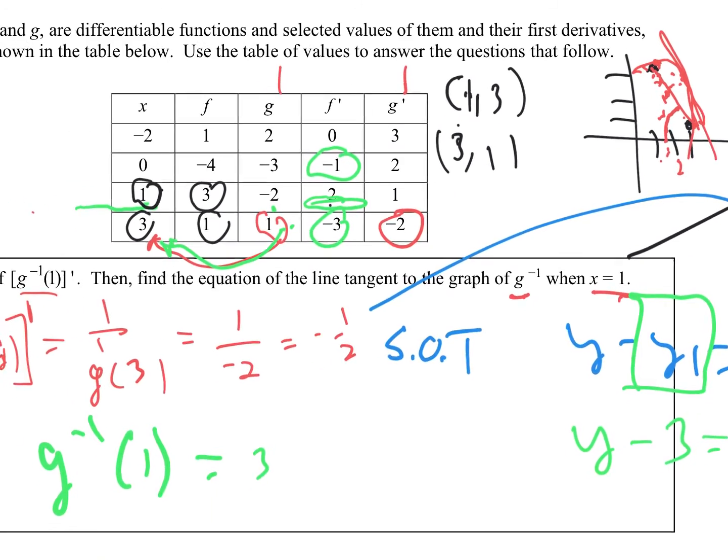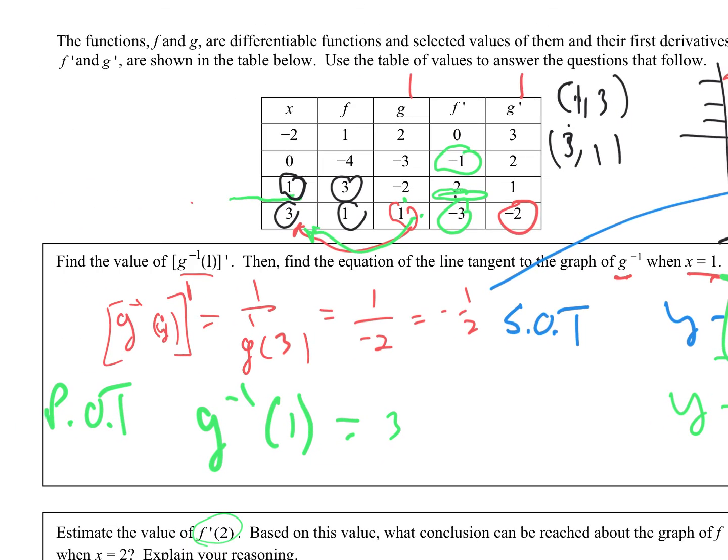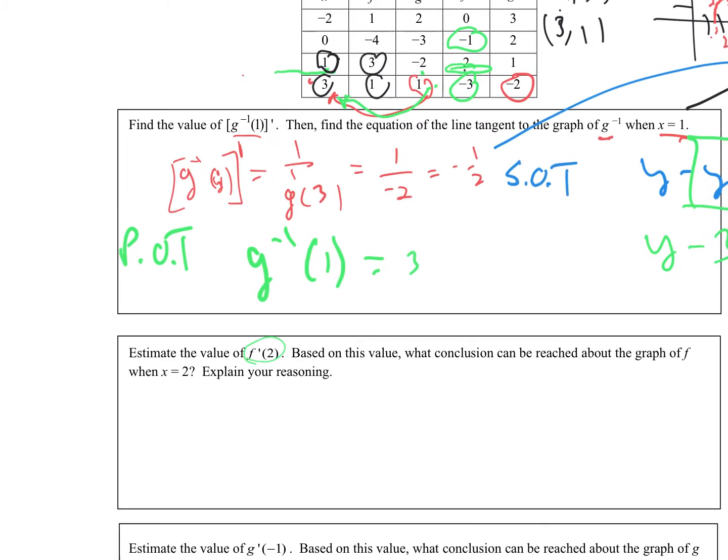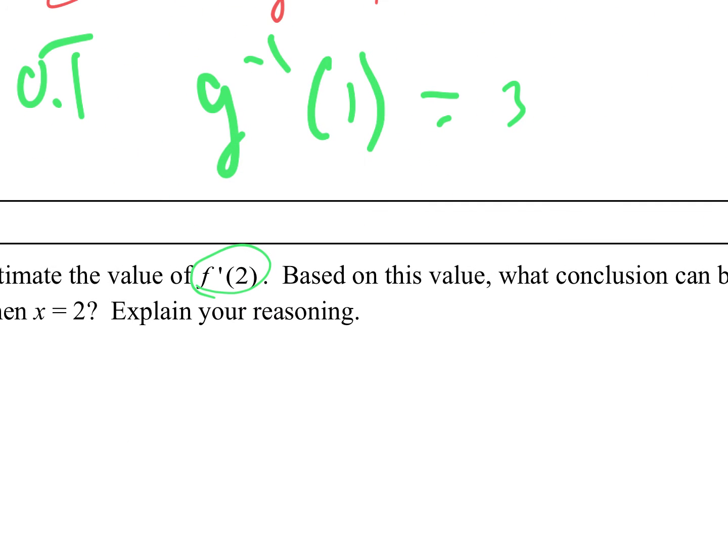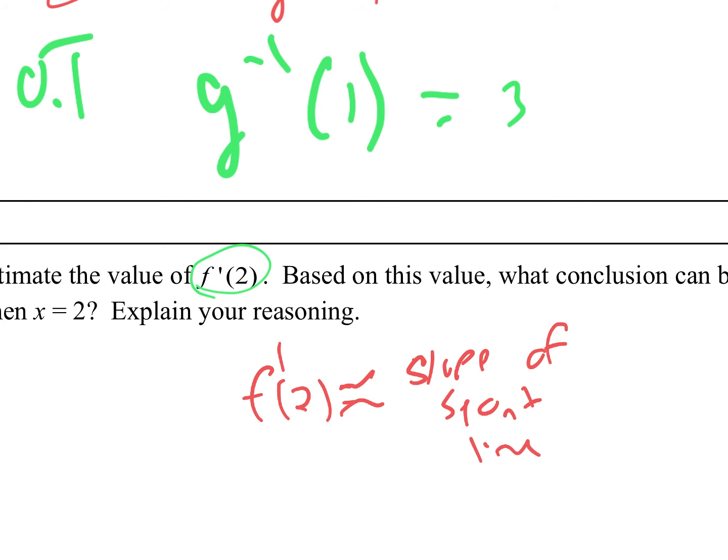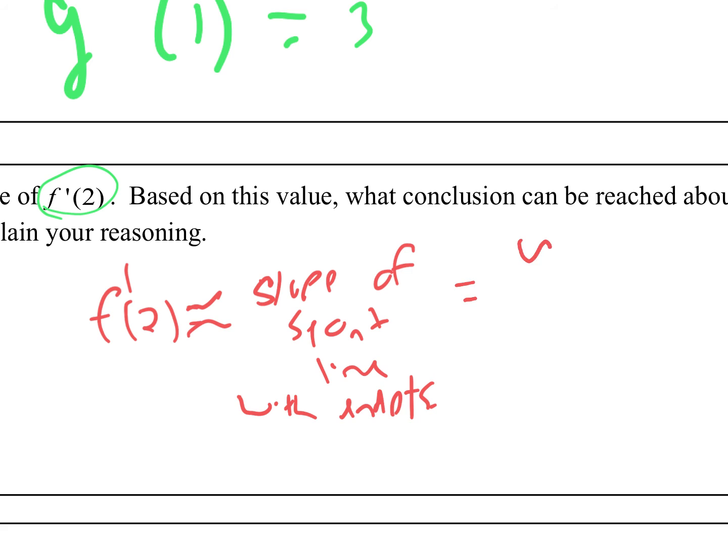Whenever you have a missing x value, like here, we're missing the 2, then we have to say that f prime of 2 is going to be approximately the slope of the secant line with the endpoints that we have been given, okay? So that means y2 minus y1 over x2 minus x1.